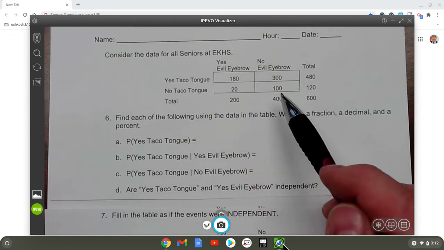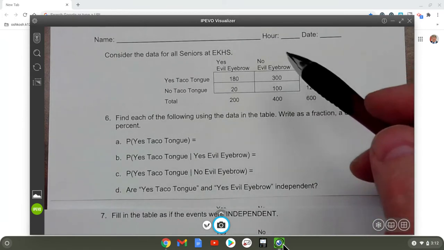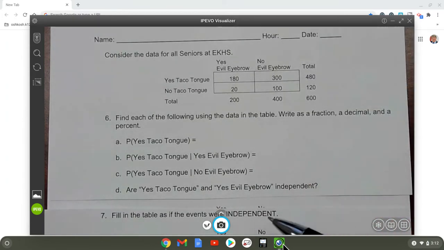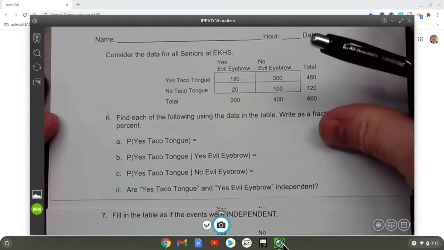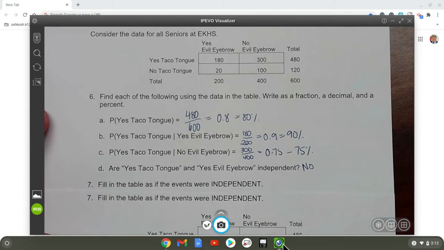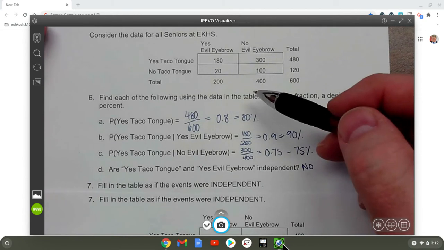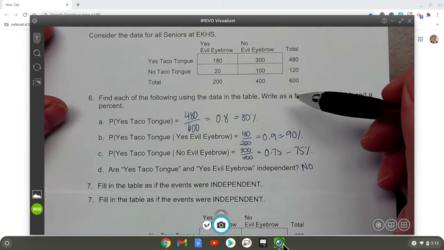It's the same experiment: yes for taco tongue, no for taco tongue, yes for evil eyebrow, no for evil eyebrow. But their school is a little bigger, so their numbers are a little higher. All right, so let's take a look and see how you get these answers. That's what we're going to do.